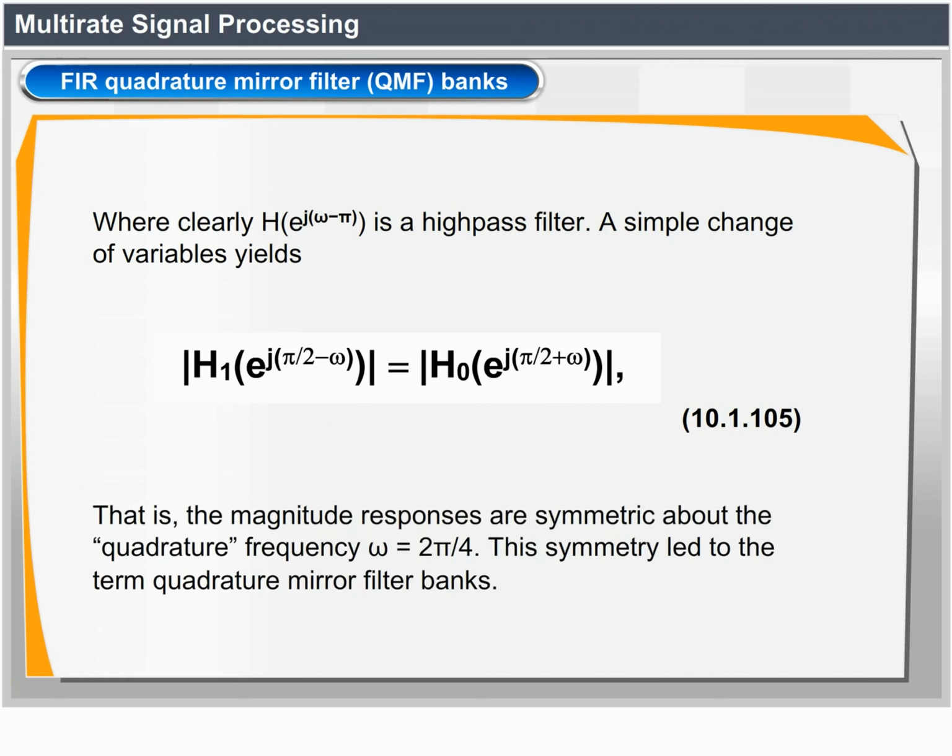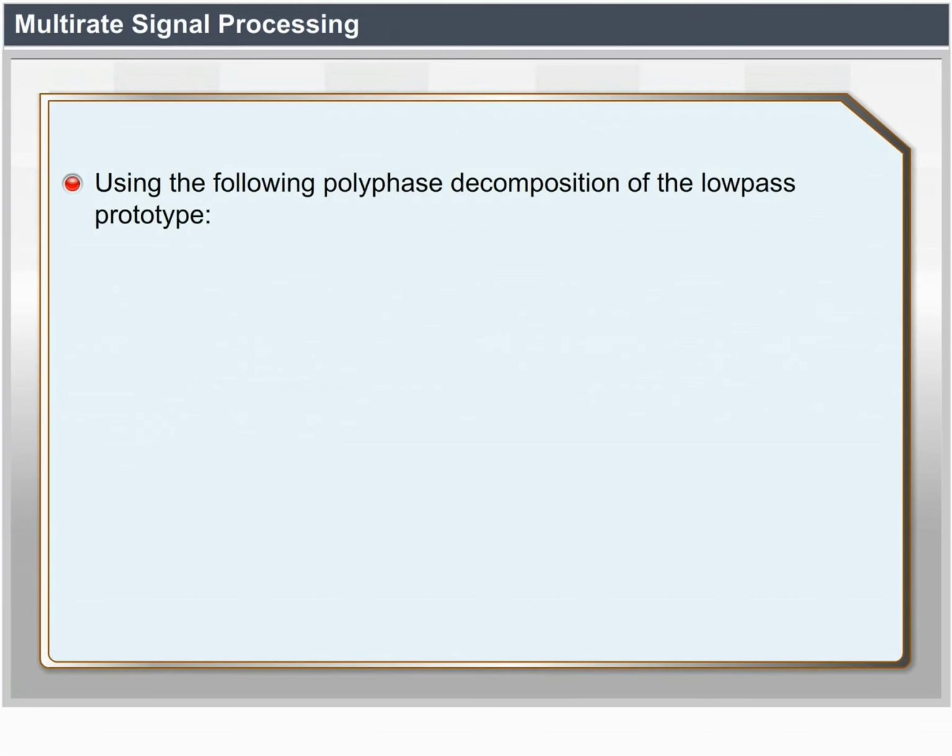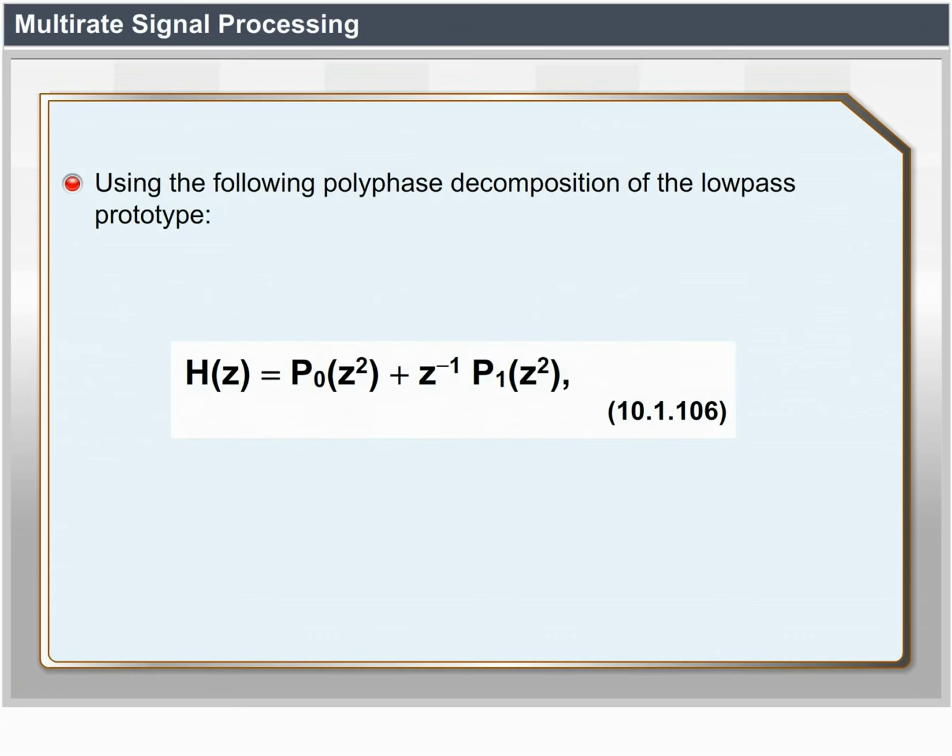The symmetry led to the term quadrature mirror filter banks. Using the following polyphase decomposition of the low pass prototype, h of z equal to p0 of z^2 plus z^(-1) times p1 of z^2, called equation 10.1.106, we can obtain the efficient implementation of the QMF bank.